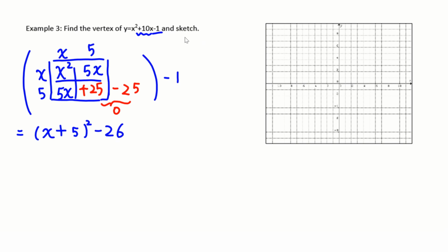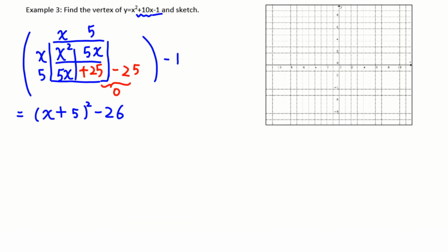It asks you to sketch, so we are going to sketch it. It will be extended somewhere. Okay, it should be the negative 26. So we are going to extend it. Somewhere, assume this is negative 6 and negative 5. Negative 26 will be somewhere here. Another point we can easily find is the y-intercept. So negative 1 here.